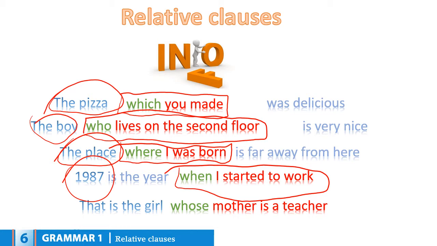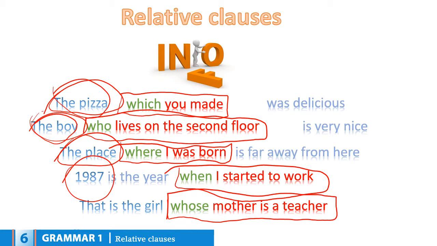So you're given extra information about this girl. I know she's got a mother. Okay, and I know she is a teacher. So these relative clauses give extra information about something like a pizza or someone or something else like a year, for example, or a place.